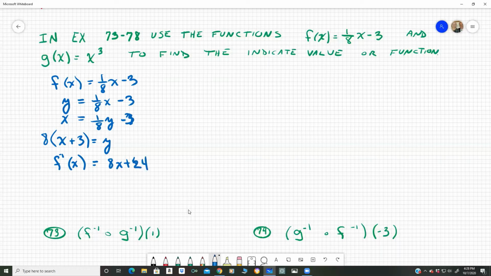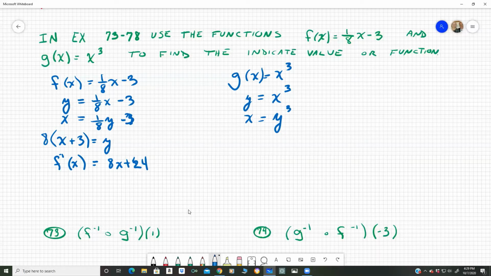And now we want to find the inverse function of our g function. So we're going to call this y, and then we switch the x and the y, and we're going to solve for y.